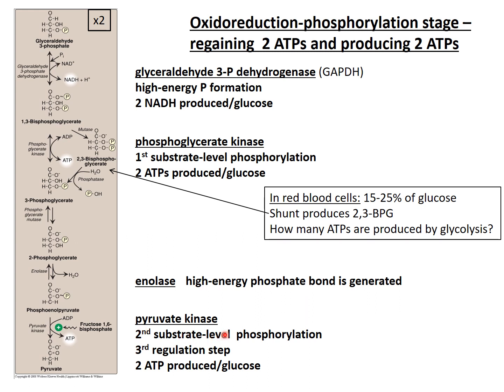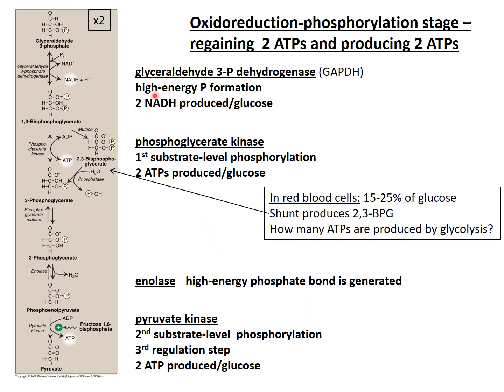So this is the second substrate level phosphorylation ATP production, and this enzyme is also regulated. So this is the third regulatory step. Hexokinase, PFK1, and pyruvate kinase. You must remember the names of these 3 enzymes. Fast forward, these will be the enzymes which cannot be reversed in gluconeogenesis.